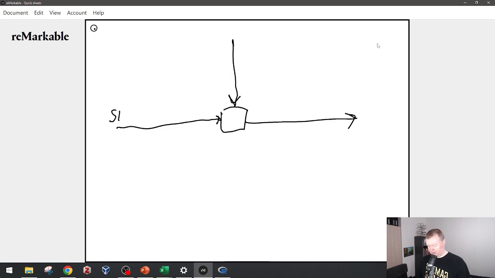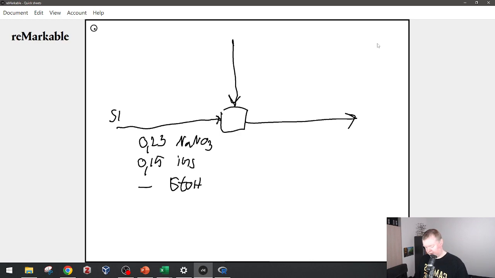Stream 1 contains 23% of sodium nitrate and 15% insulin, and the balance of, not water, sorry, ethanol.